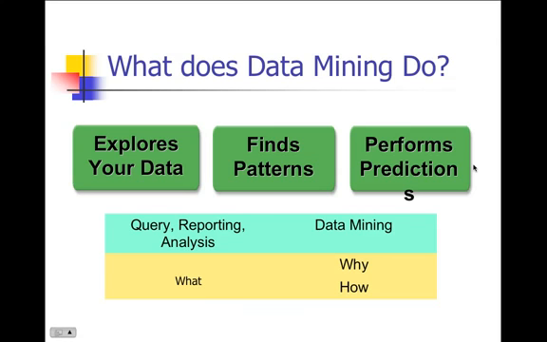And the tools that we're using, querying and reporting analysis, say what. Data mining says how and why. So it answers questions about how and why instead of the what. A lot of people, the first thing they say is, oh, we don't need to do any data mining. We have reporting. We know how to query the database. We have all of this data. The problem is you can't do that, because if you do that, you only know what the data is telling you.